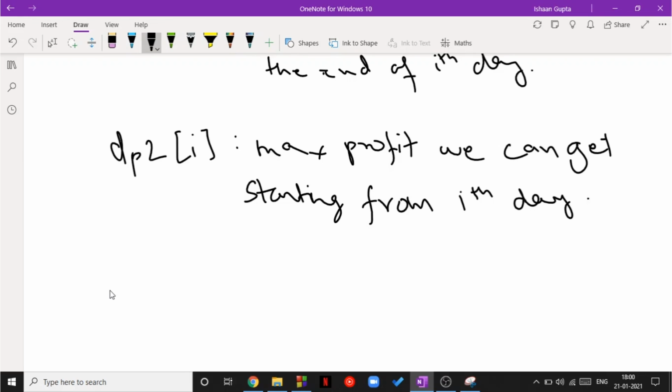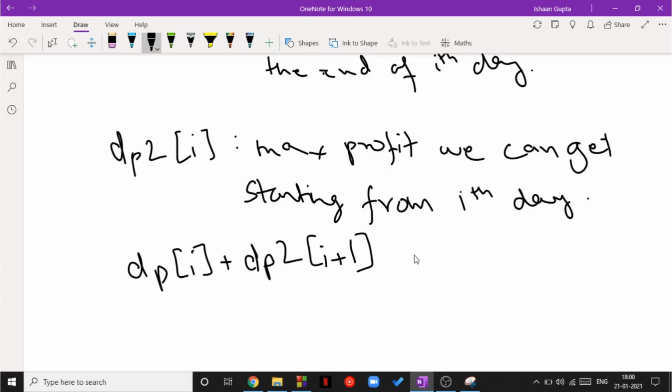We have to find ith day such that DP of I plus DP2 of I plus 1 is maximum.